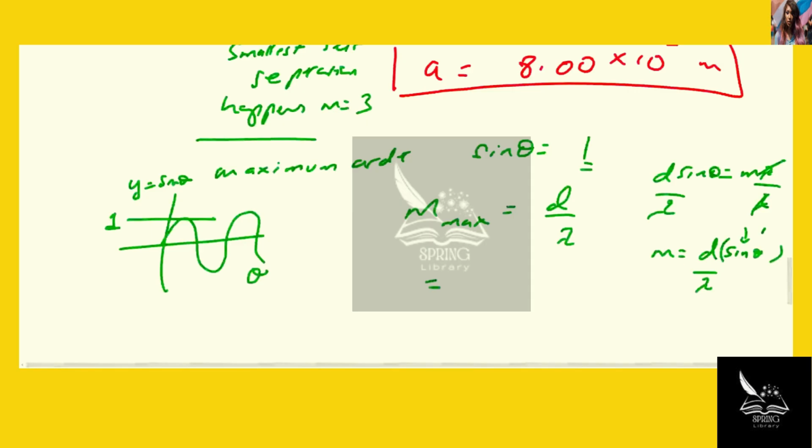We can plug in the values. D was 2.40 times 10 to the negative 6 meters, if you can recall.